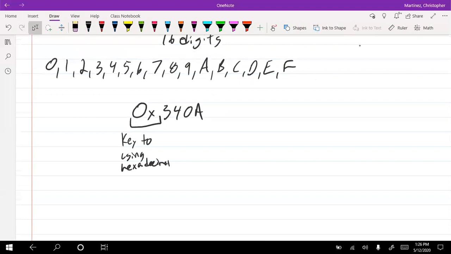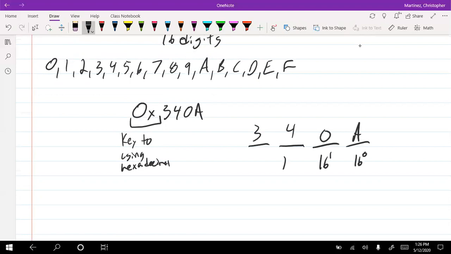Now we can take this 340A and we can say again that each spot has a weight: 16 to the 0, 16 to the 1, 16 to the 2, 16 to the 3. And you can figure out what this would be in base 10. Now, the key item is when you have an A, so you have A times 16 to the 0, that's the same as saying I have 10 times 16 to the 0.